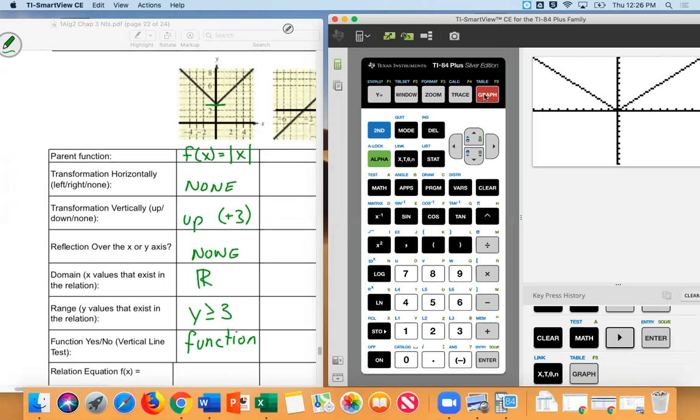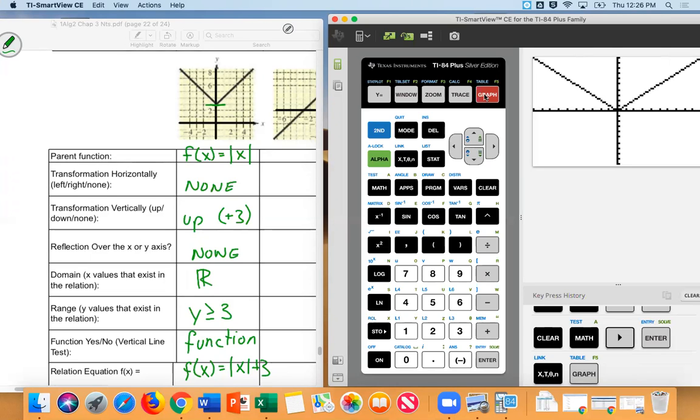And what is this? It's f of x equals the absolute value of x plus 3. How do you know if it goes on the outside or the inside? Great question. Outside, anything you do directly to the x. See how inside these bars, that would be directly to the x. Inside those bars, it's going to shift it left or right.